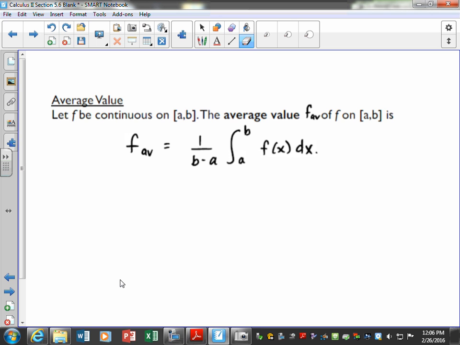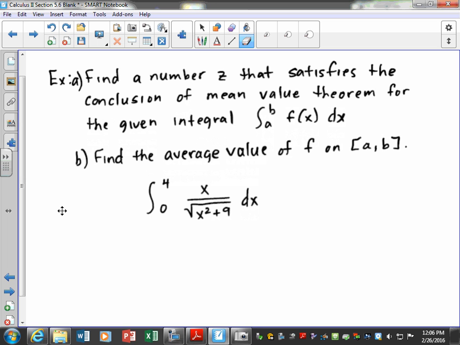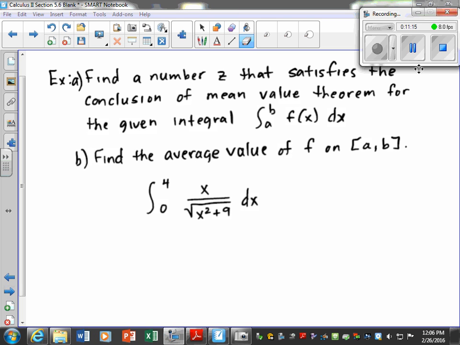So pause and write these down. And here's our example, and we're going to cover part A, the mean value, and part B, the average value. So pause this for a second and write this down, and we're going to work it on the next page and the next video.